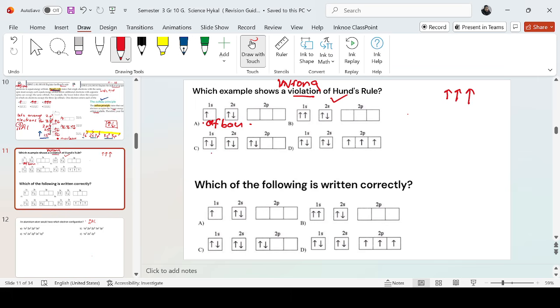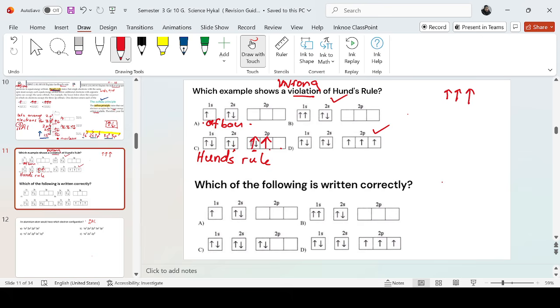We come here. This is now Hund's rule. This is wrong because of Hund's rule, which says here we need 1 electron and the next one must come here, not for the 2 to come in 1 orbital before occupying all of these. This is correct. Okay?